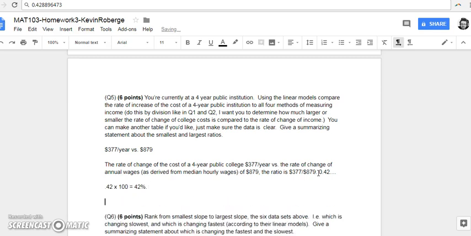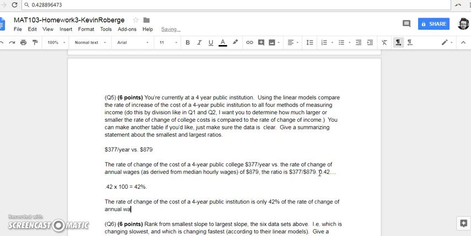So we might say something like this. The rate of change of the cost of a 4-year public institution is only 42% of the rate of change of annual wages as derived from median hourly wages.